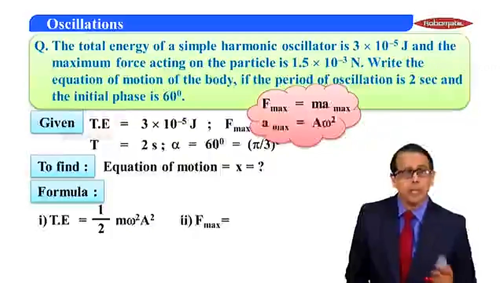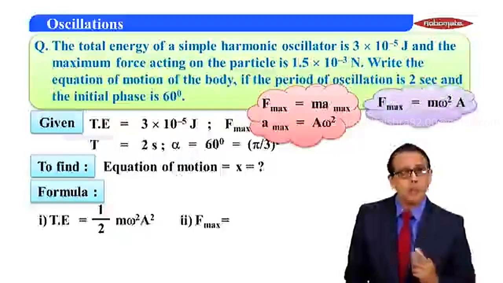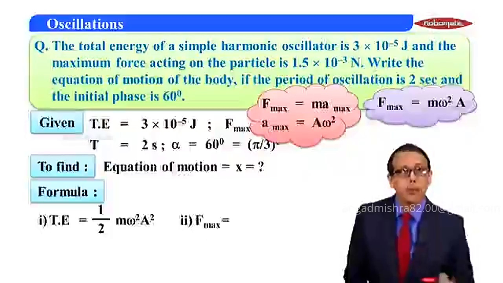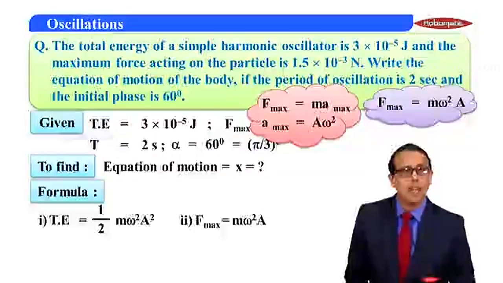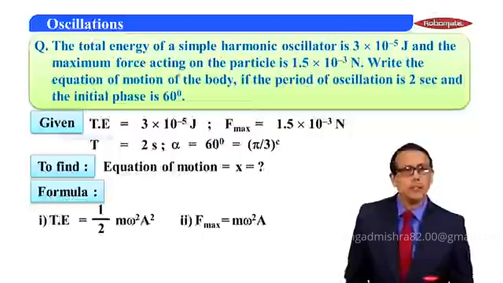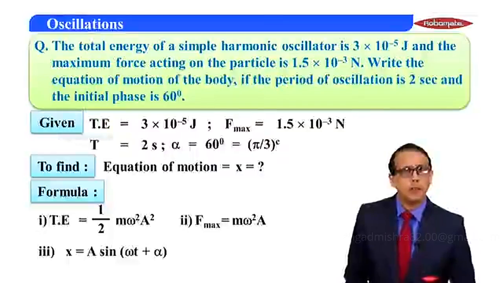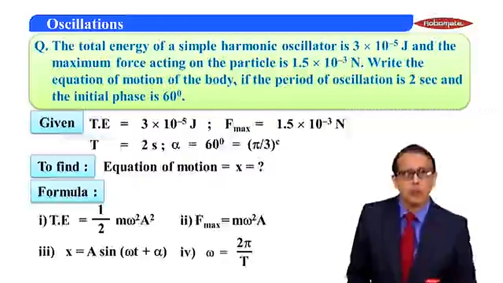But in SHM, a max is a omega square. Therefore, F max will become m omega square A. So F max is m omega square A. Now as we have to find the formula for x here, we use x is equal to a sine omega t plus alpha and we'll also use omega is equal to 2 pi by T.